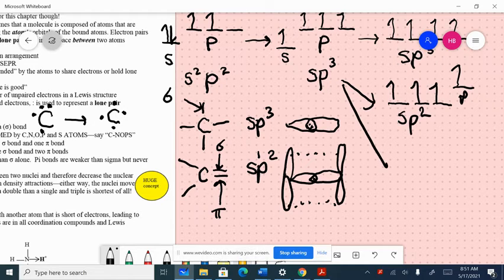And then the last scenario is when we have a triple bond, which will have two sigma bonds and two pi bonds. These P's will be our pi's. These S's will be our sigmas.